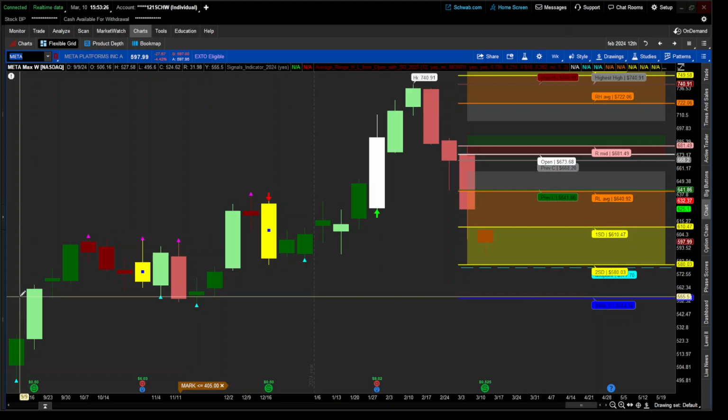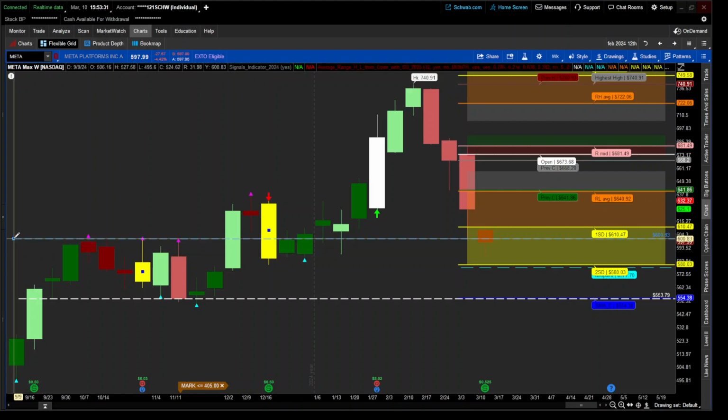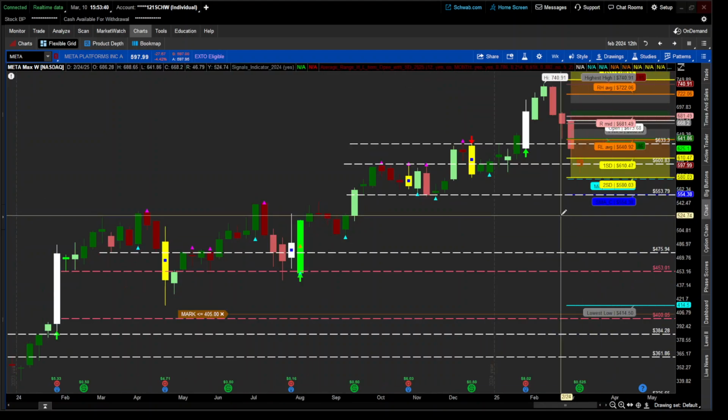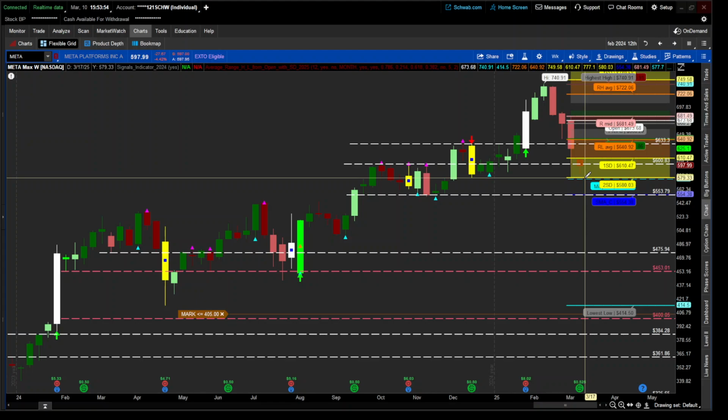So I would look for possible if it did crash below that, and somewhere over here. So those would be my levels. Right now, it crossed below our average range low, and it's below our one standard deviation, and it looks like it could be possibly pushing down below another standard deviation, two standard deviations, but hopefully not.